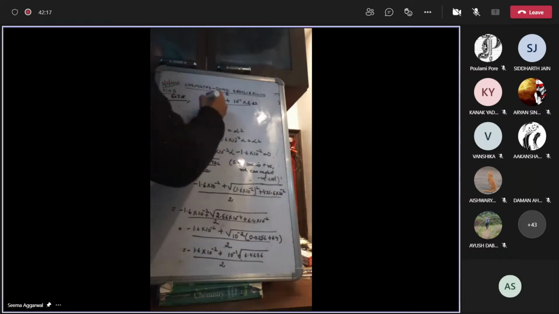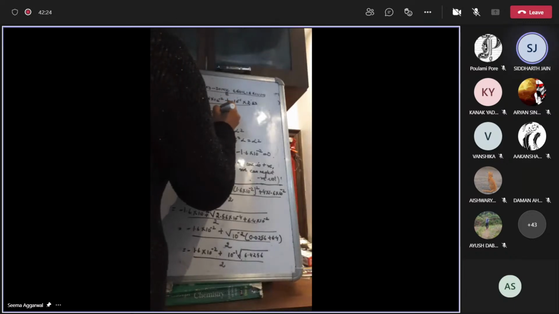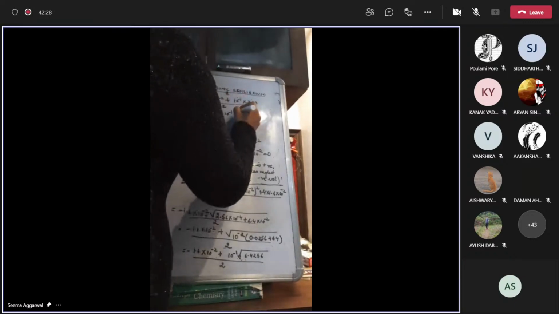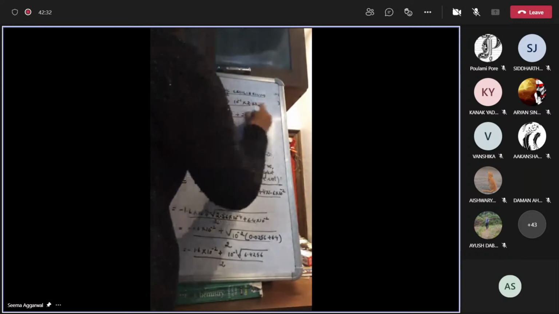Okay. I can write 1.6 into, let's make the power the same, so it can be 0.16 into 10 to the power minus 1, plus 2.53 into 10 to the power minus 1, upon 2.